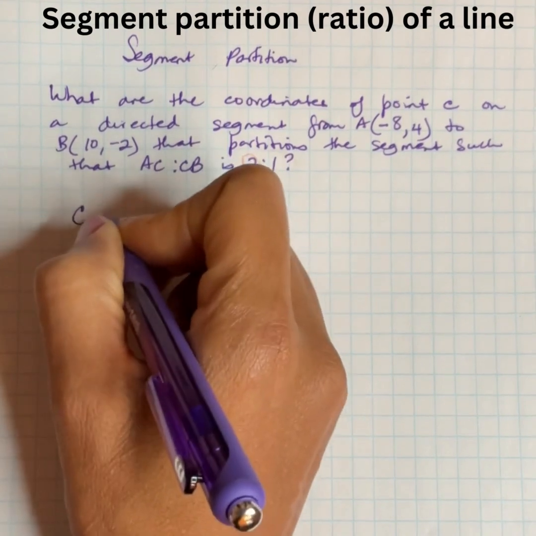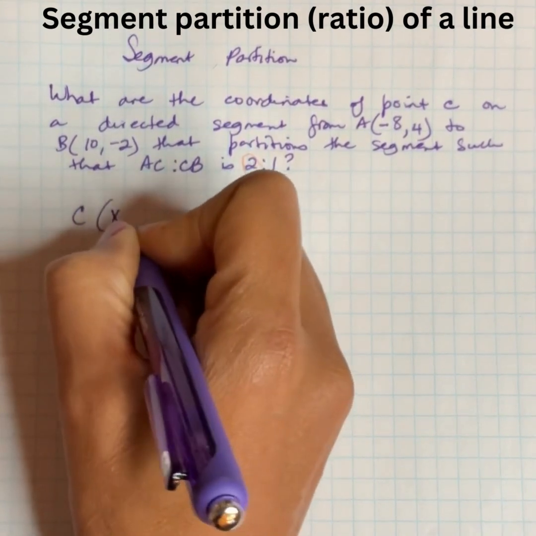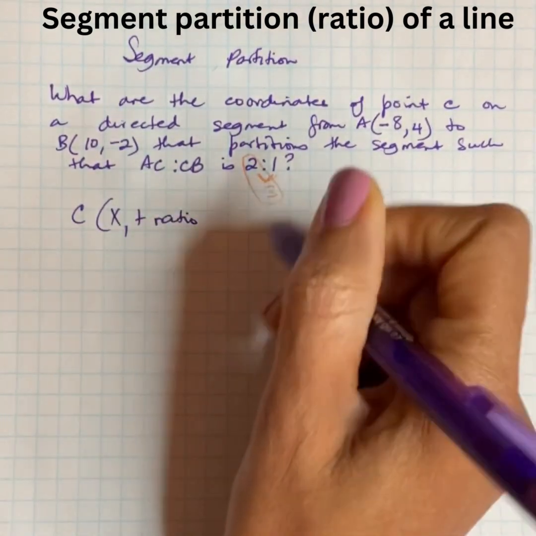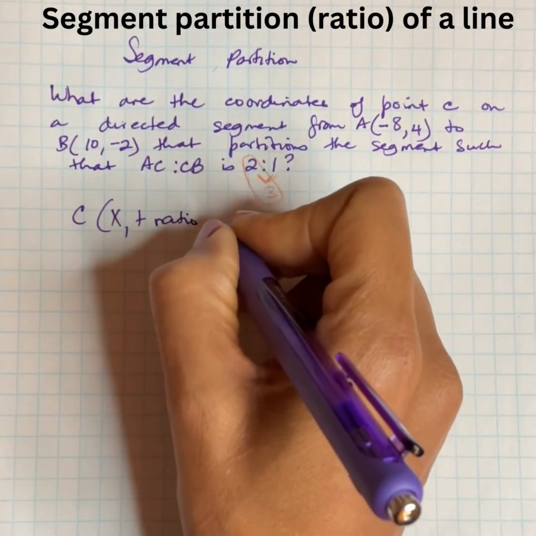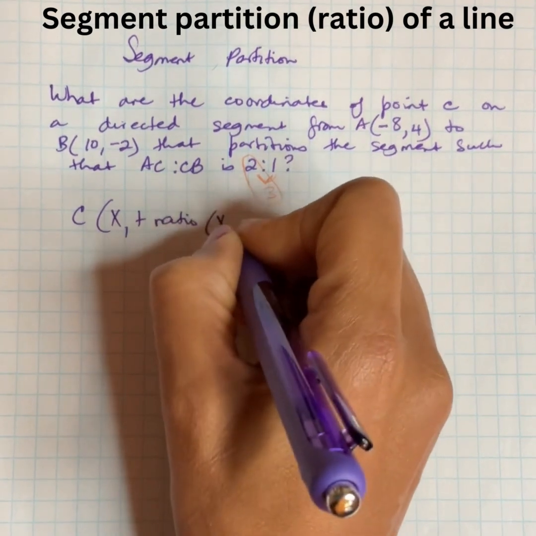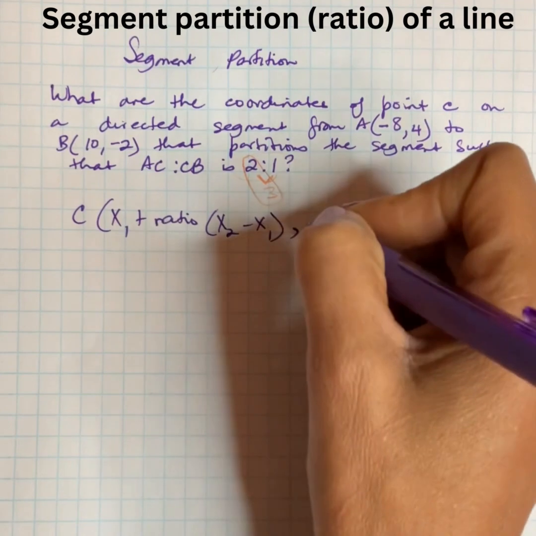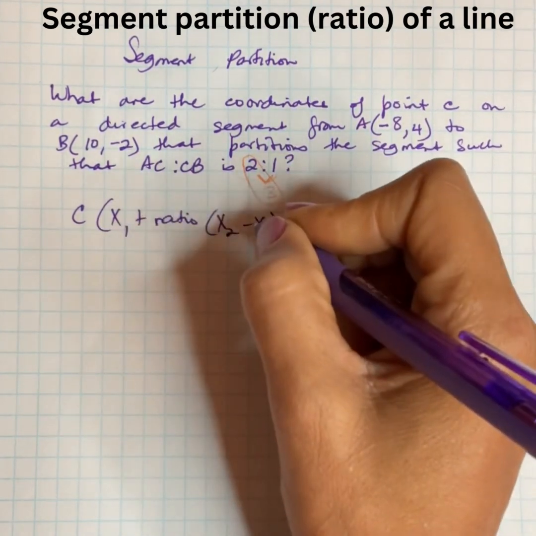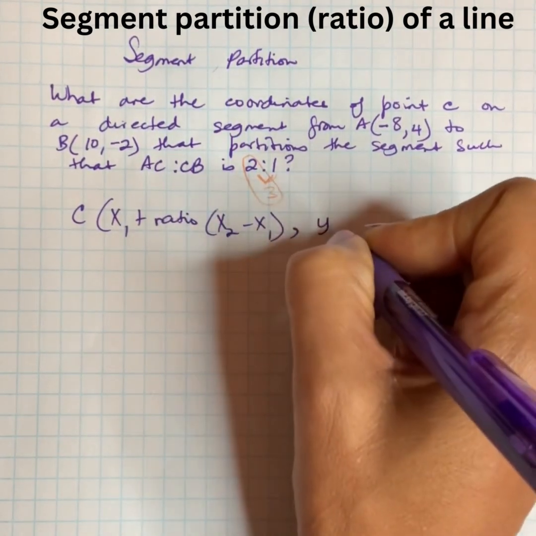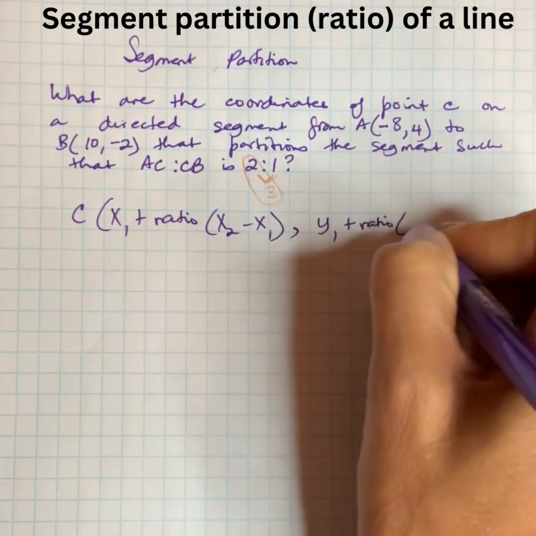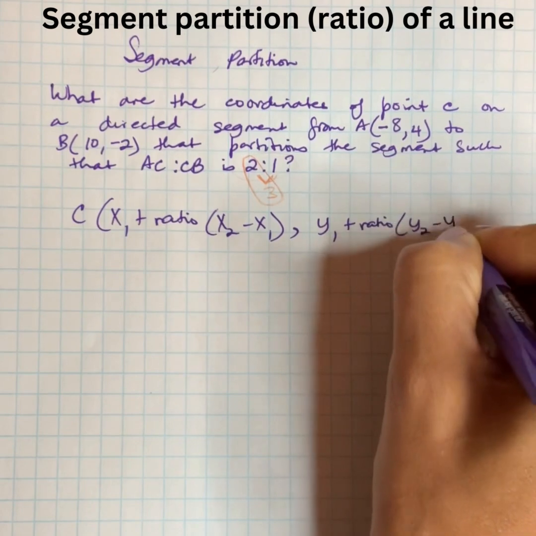So we are going to use the formula here, which is x1 plus the ratio we need, which is 2/3, parentheses, x2 minus x1, close parentheses, comma, because that's the first coordinate here, your x value. Now we have y1 plus the ratio of y2 minus y1.